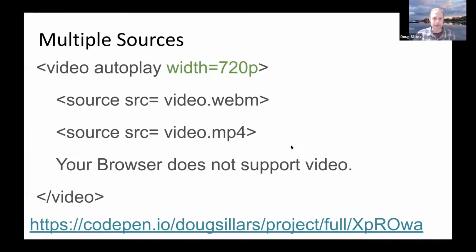If you go to Can I Use, it's at like 98.1% right now, but the 1.9% of browsers that don't support MP4 just don't support video at all. So if it supports video, it's going to support the MP4. You're missing out on like Opera Mini and some other browsers like that.